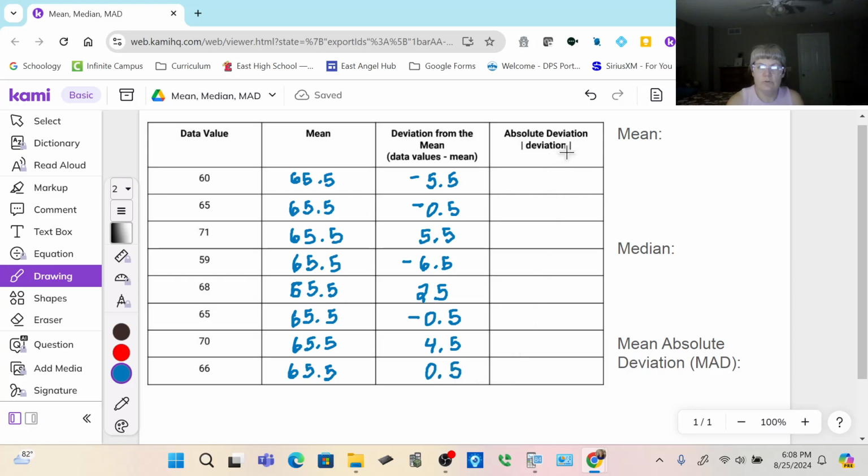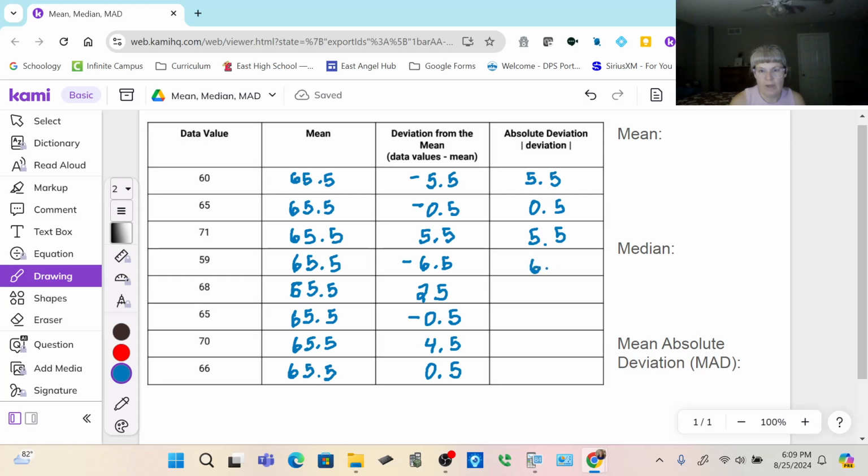Now, the absolute deviation means the absolute value of each of these numbers. Absolute value is how far away the number is from 0. And since we're talking about a distance, the absolute deviation, or the absolute value of our deviation, is always going to be positive. So negative 5.5 becomes a positive 5.5. Negative 0.5 becomes a positive 0.5. If it's already positive, it stays positive.